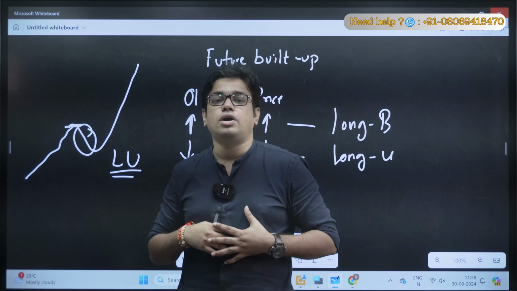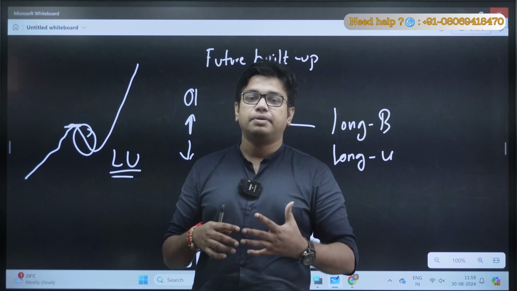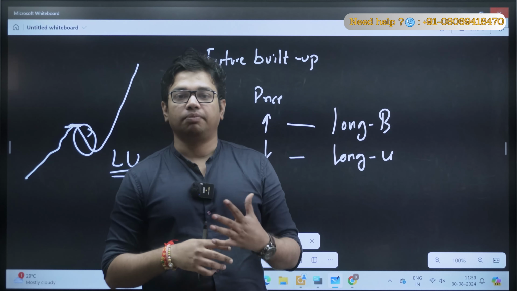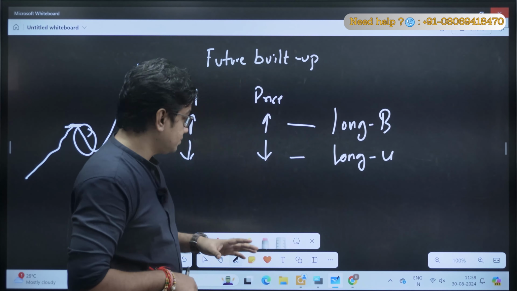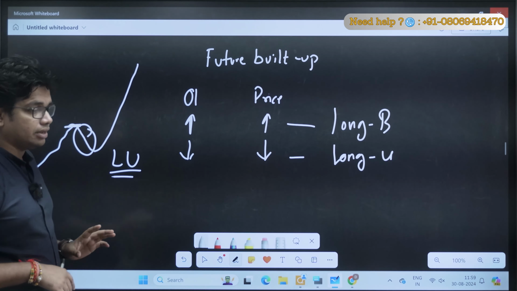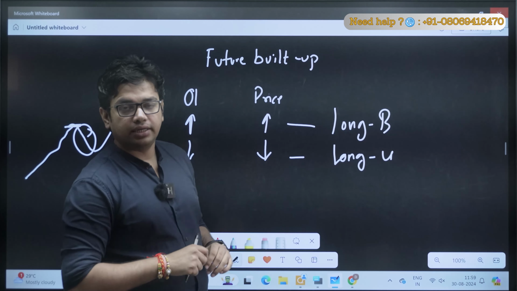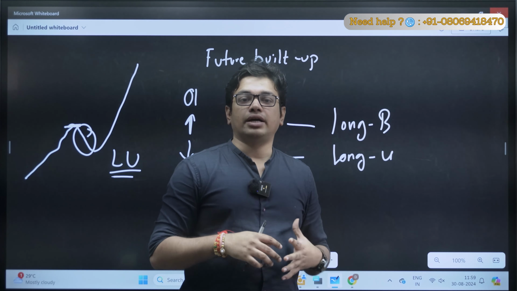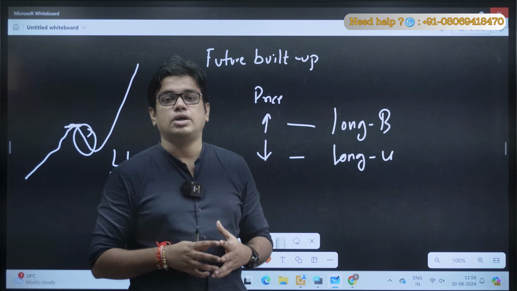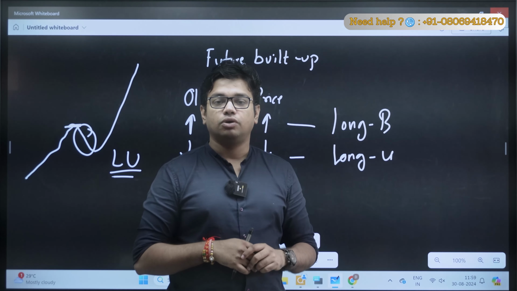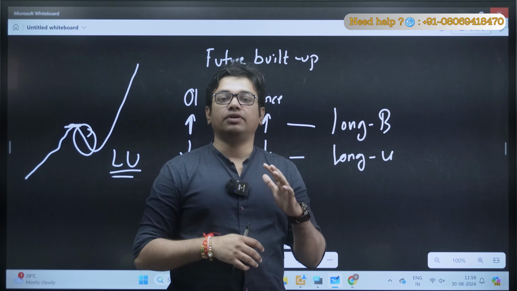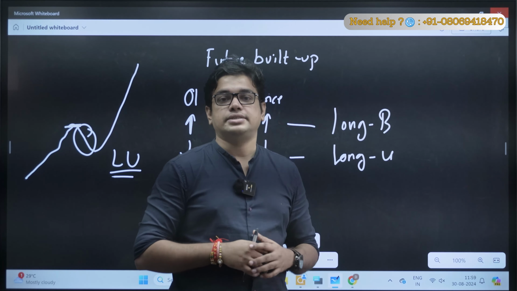If I have bought 10 lots, I might book profit in 4 or 5 lots. At that level the OI will decrease because I am closing my contract, and simultaneously the price will also decrease because the supply has increased.